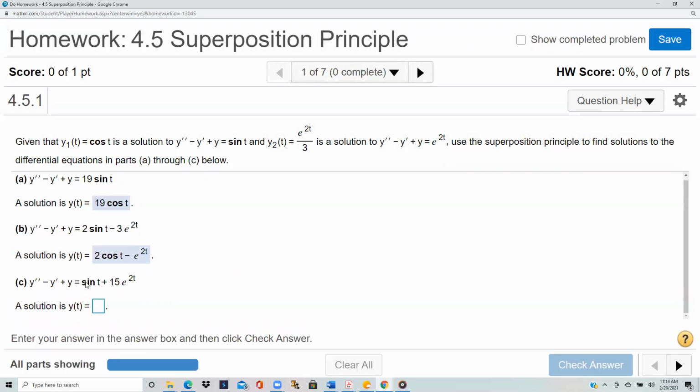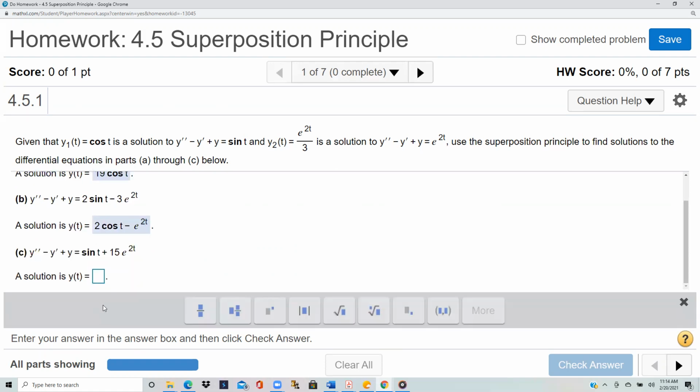Now here, sine t is just sine t as it was here. So this solution cos t will just be undisturbed. And then we have a plus sign, so we get a plus sign. And now we have 15e2t. So this was e to the 2t, and its solution was e to the 2t by 3. So if this gets multiplied by 15, then the solution also gets multiplied by 15.